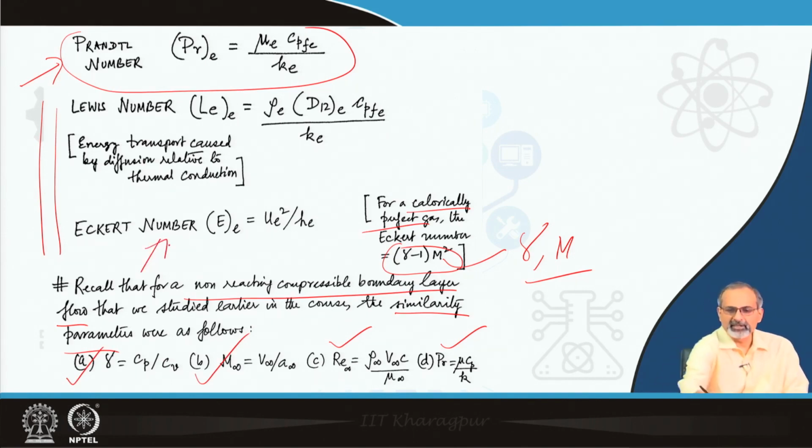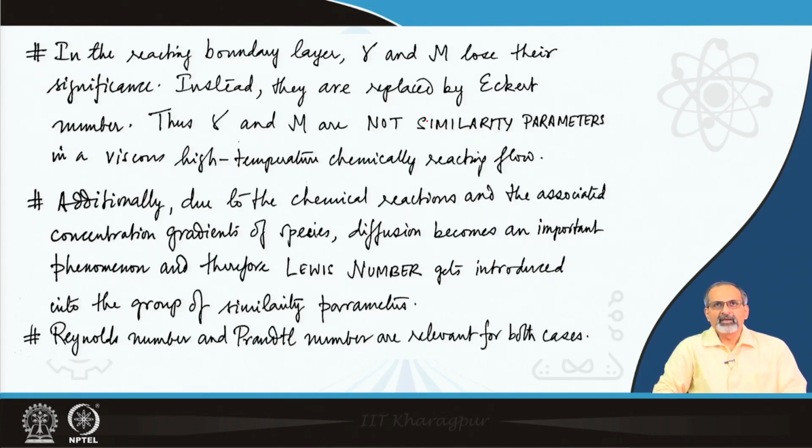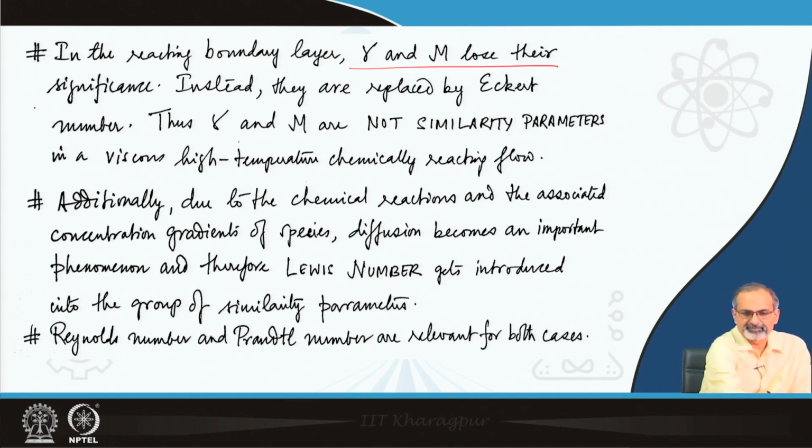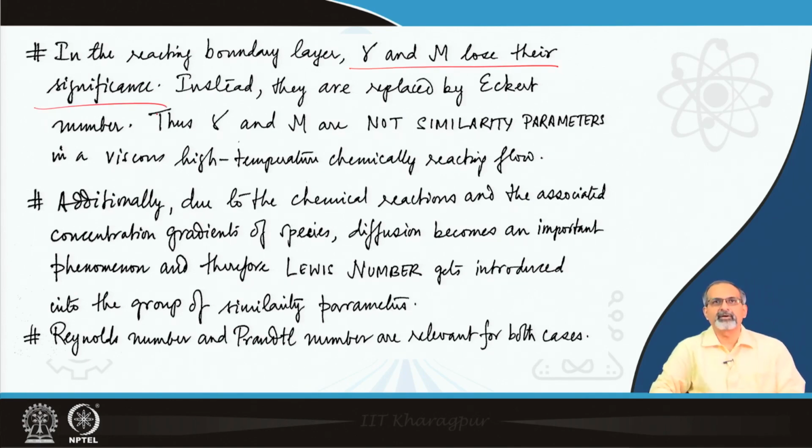Additionally, Lewis number has been identified as a new similarity parameter. In the reacting boundary layer, gamma and M lose their significance. Instead, they are replaced by Eckert number.